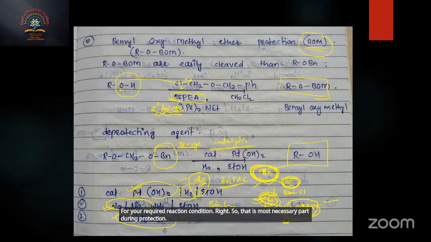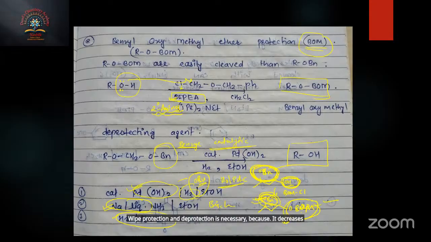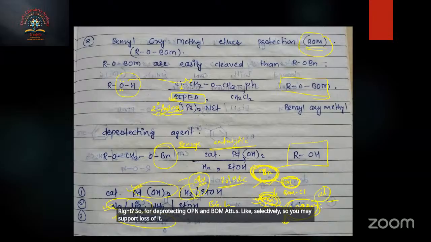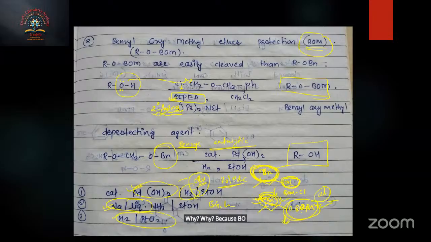So why are protection and deprotection necessary? Because it affects your yield, because at the end you require a certain yield for your product, right? So for deprotecting OBn and BOM selectively, you may suffer loss of yield. Why? Because BOM and OBn have quite a similarity.